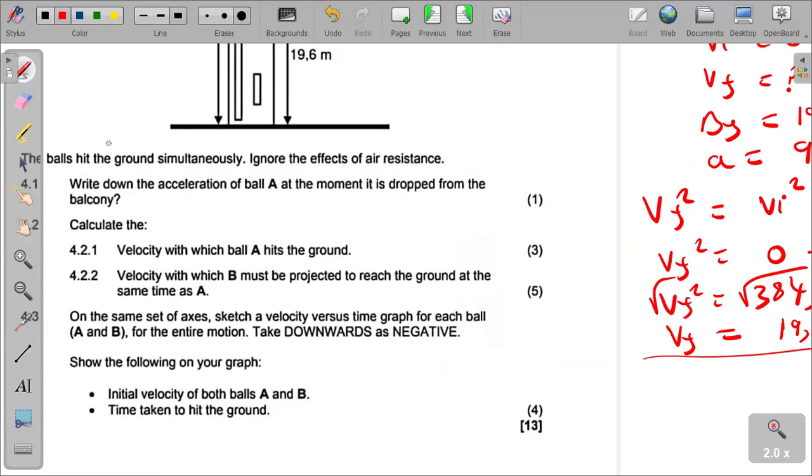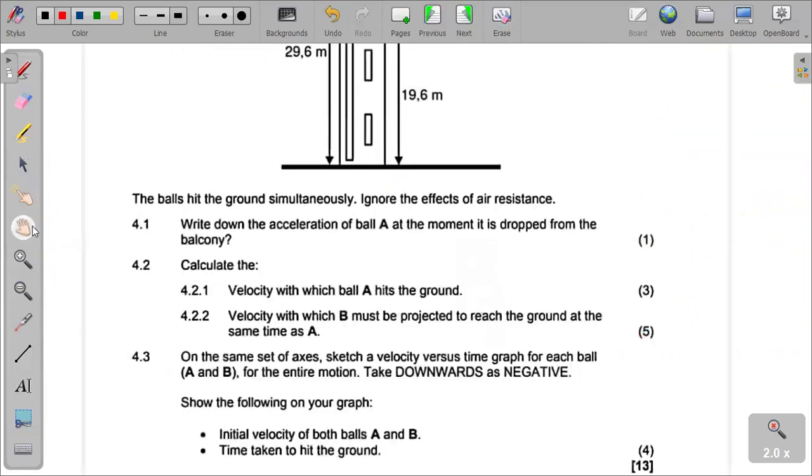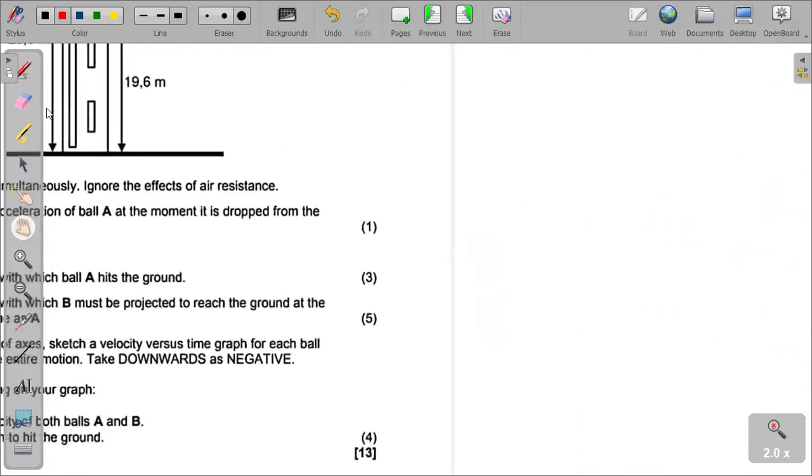So the same time that ball A took to hit the ground is the same time that ball B will also take to hit the ground. With that in mind, we can first calculate the time that ball A took to hit the ground. Then we will know that that's the same time that ball B will also take.